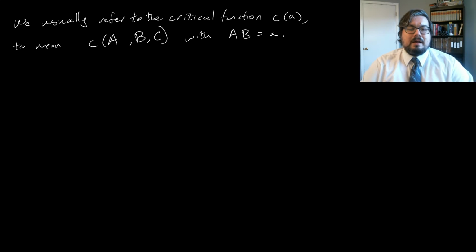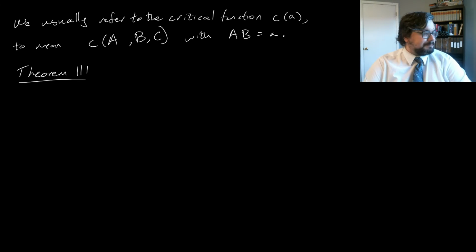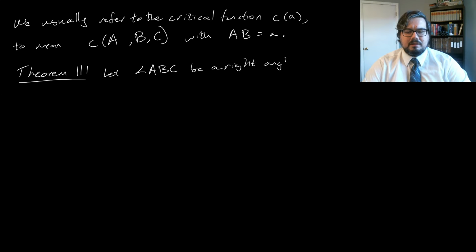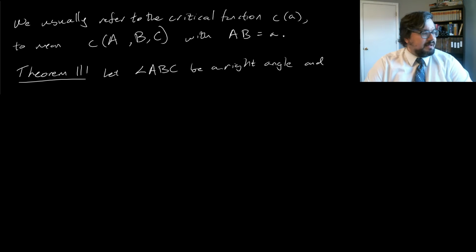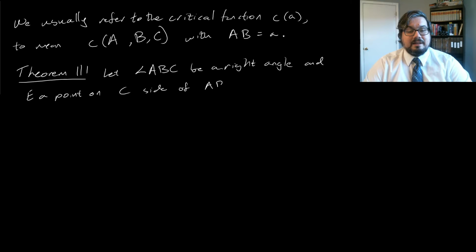Now, one thing that's kind of obvious from the construction, but that we want to have recorded for use in later results, is Theorem 111. So let's let angle ABC be a right angle, and E a point on the C side of the line AB.